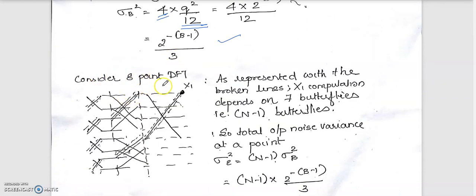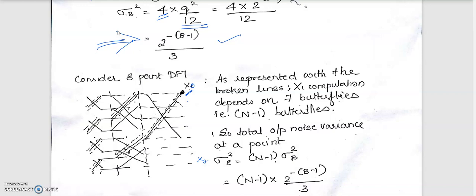When we look at the 8-point DFT, this is the error involved with respect to one butterfly. In the 8-point diagram that we have implemented, if you have the values x of 0, x of 1 up to x of 7, then for computation of one value you require 7 butterflies.